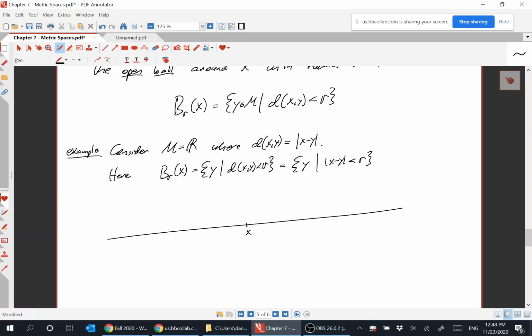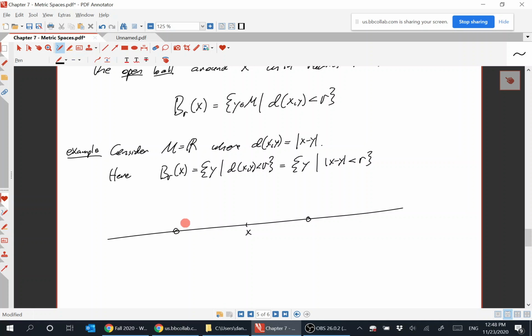We have to describe it in terms of r. Oh, I don't know. Would be all the points within r distance of x. Mm-hmm. What would be the upper and lower bounds here? Like x plus r and x minus r. Mm-hmm. Not including which point?